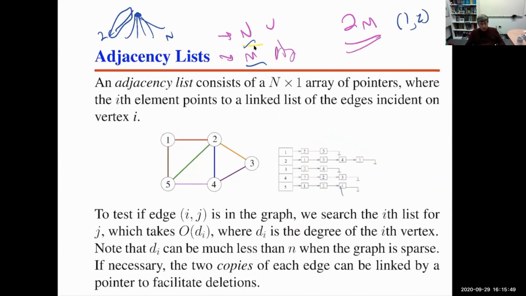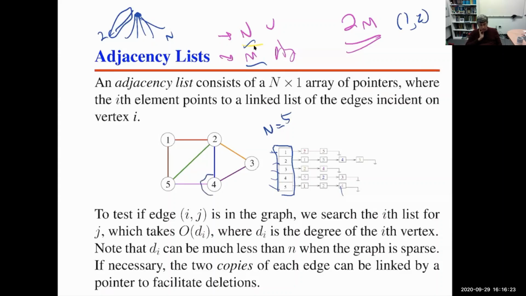Look at this representation and make sure you understand how I'm representing it. I have 5 vertices. That is why I am representing this as an array of 1, 2, 3, 4, 5. Does everybody see how I've got this array of 5 pointers to linked lists because I have 5 vertices, n equals 5? Now, how am I representing the edges?